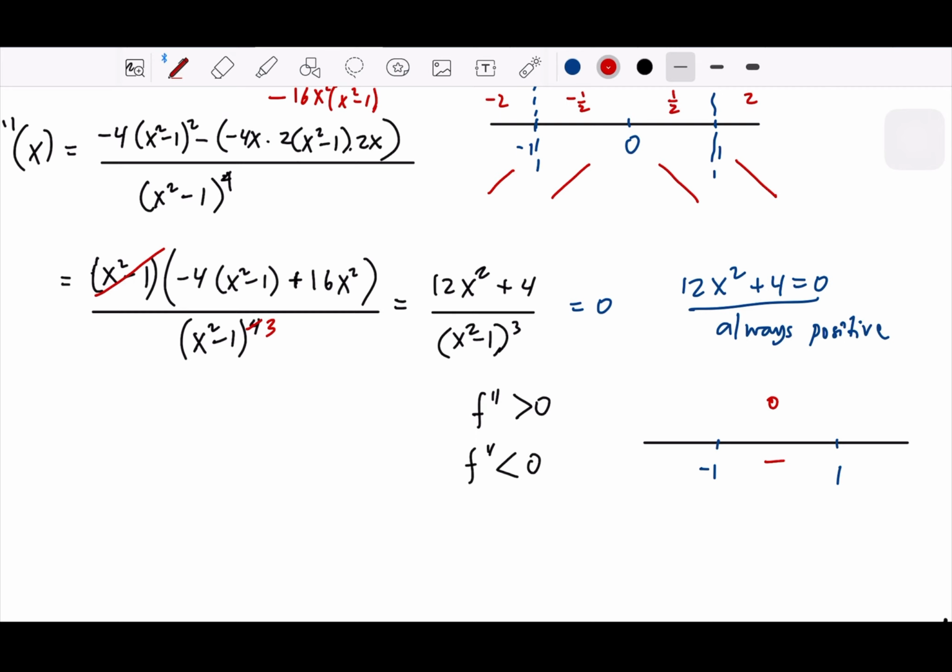It's positive. Checking with the negative 2. It's become another positive, right? So we can make sure that this is positive, this is positive. So the positive one is concave upwards, the negative one is concave downwards, this is concave upwards.